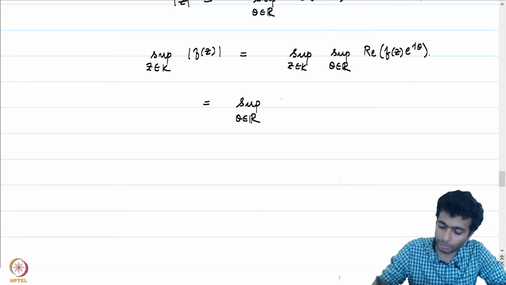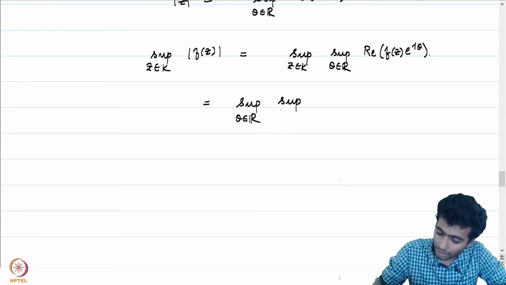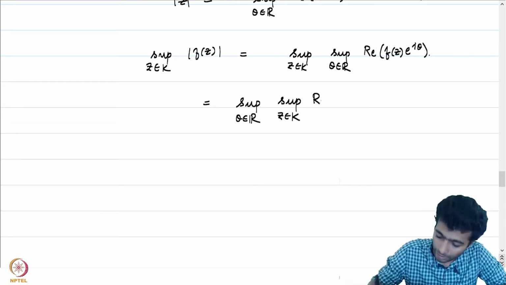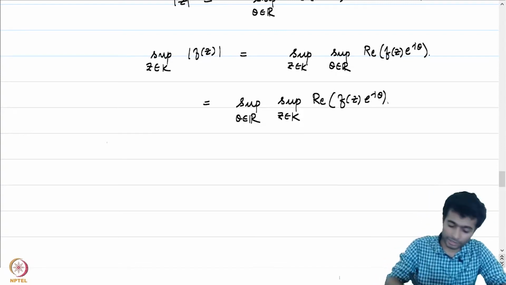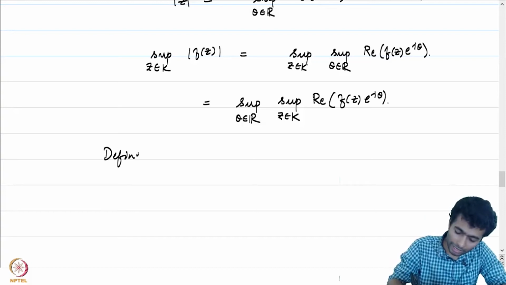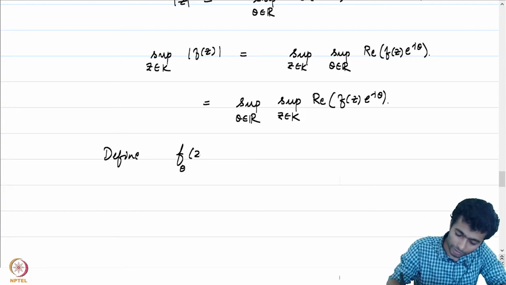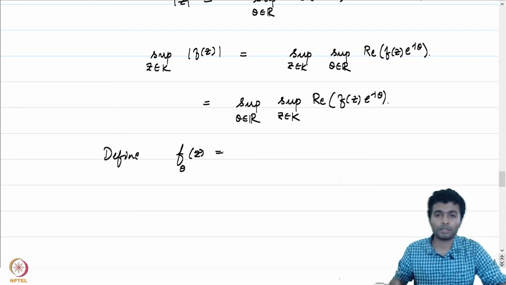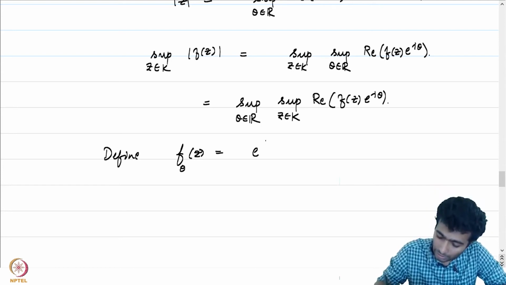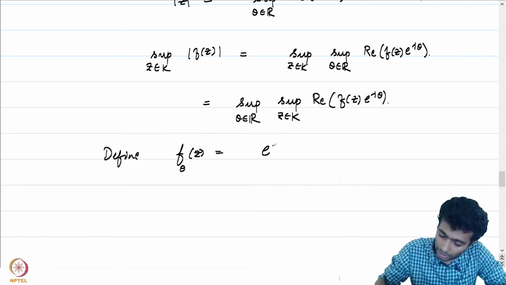This is the same as the supremum over theta in R, the supremum over all z in K of the real part of f of z e to the power i theta. Okay, let's define f subscript theta of z as e to the power i theta times f of z.